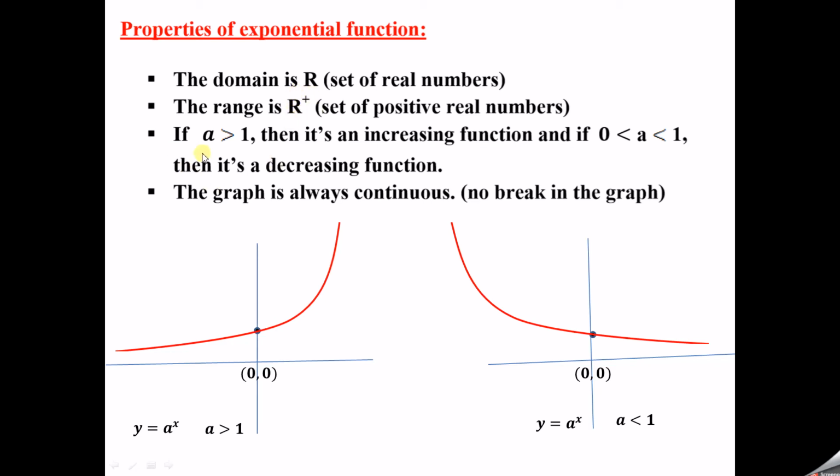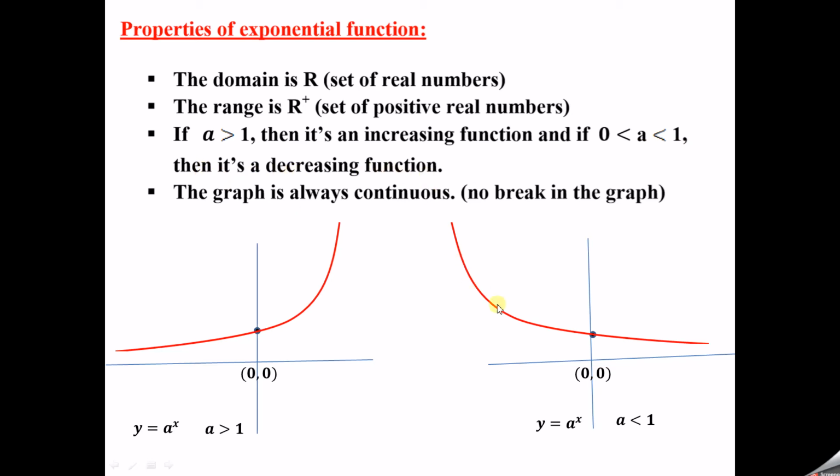And if the base a is greater than 1, then this exponential function is an increasing function, like here. And if the base a is between 0 and 1, that is, the base is less than 1 and positive, then the exponential function is a decreasing function.